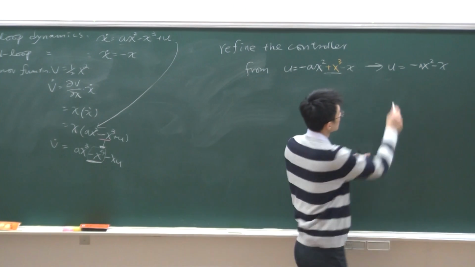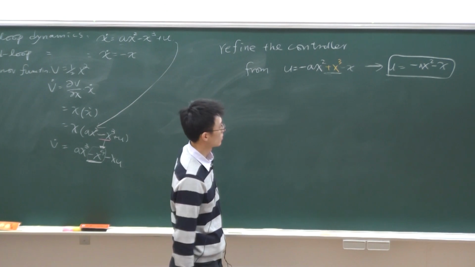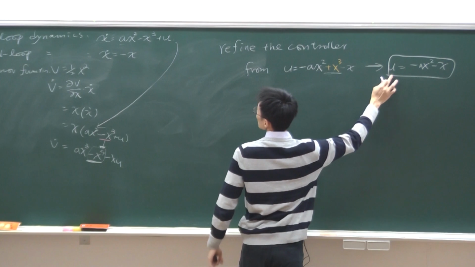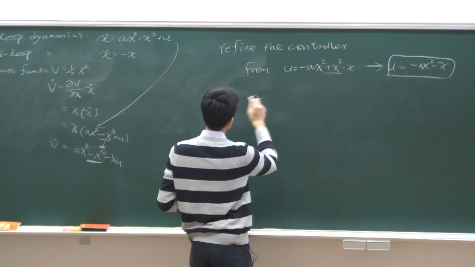Okay, so if I substitute this into the open loop dynamics, what will the stability analysis look like? So let's try. If you substitute this back to the open loop dynamics, that gives you what?